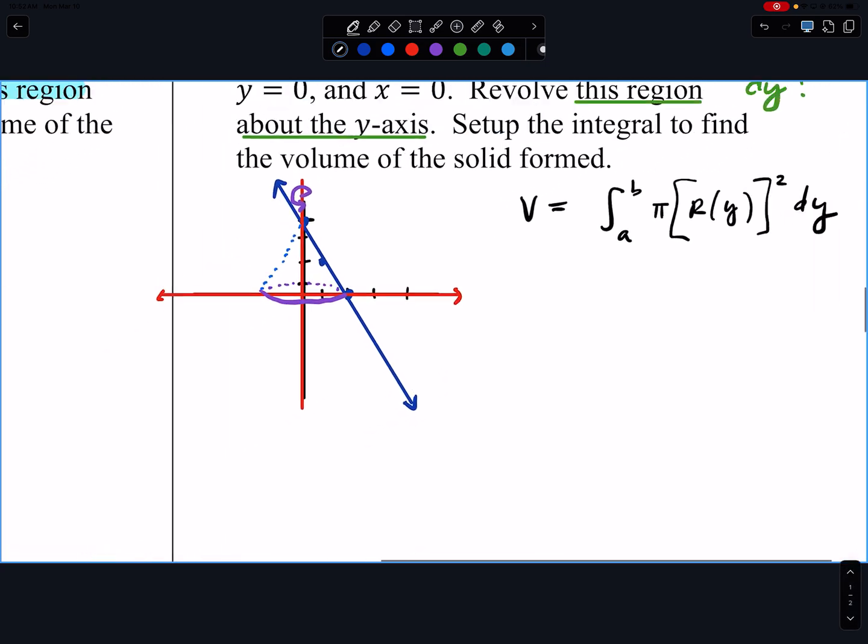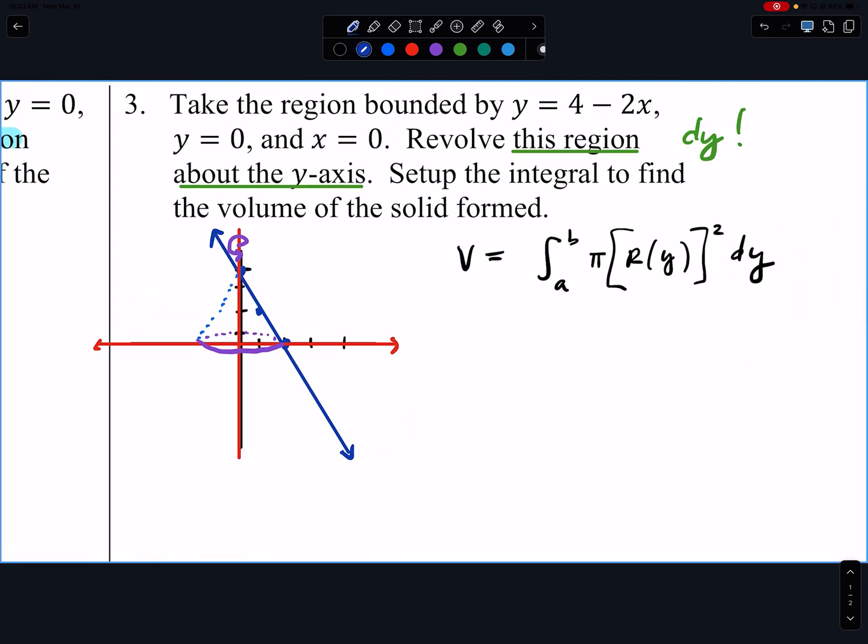So I'm going to subtract 4. Divide by -2. So this then is my r of y.